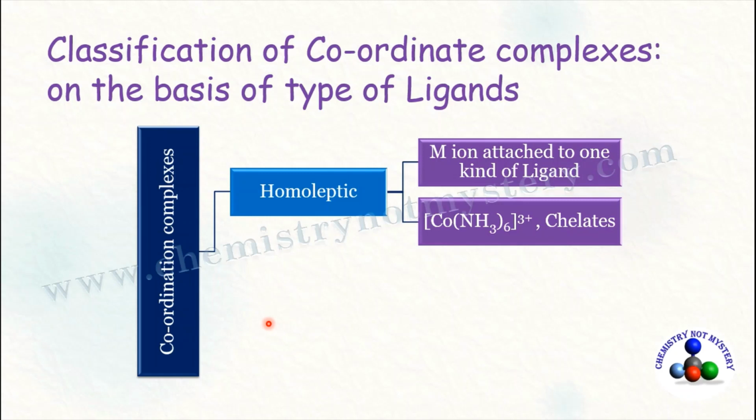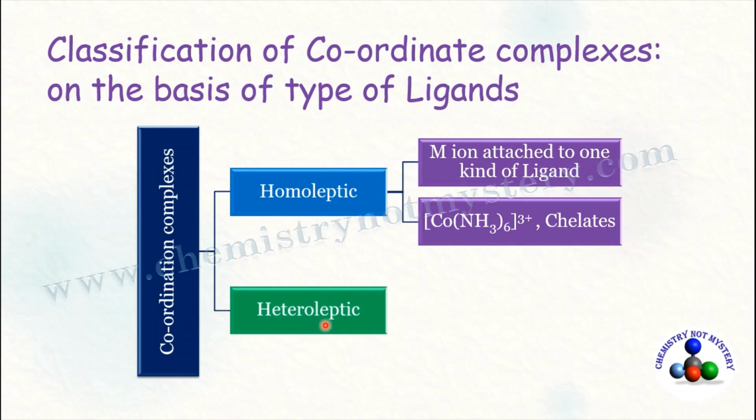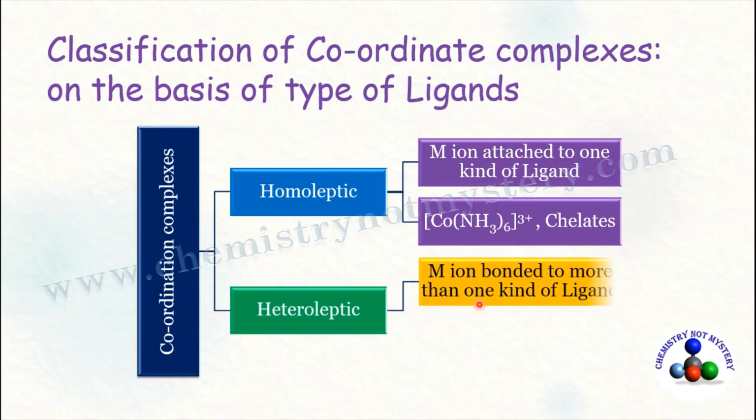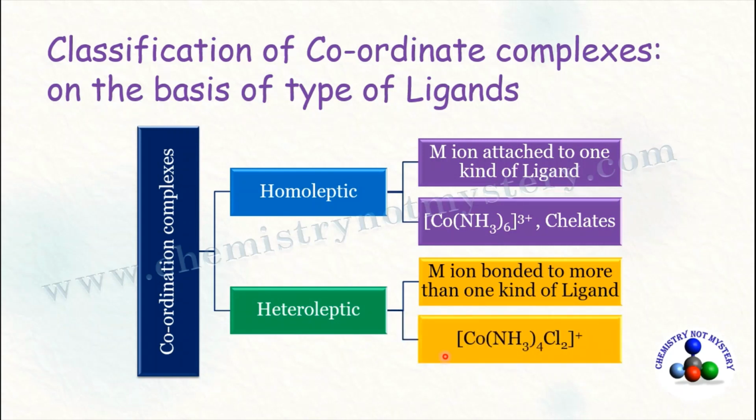The other kind is the heteroleptic complex, in which the metal ion is bonded to more than one kind of ligand. For example, in this molecule, cobalt is bonded to 4 ammonia ligands and 2 chloride ligands. As there are 2 kinds of ligands, this compound is classified as a heteroleptic complex.